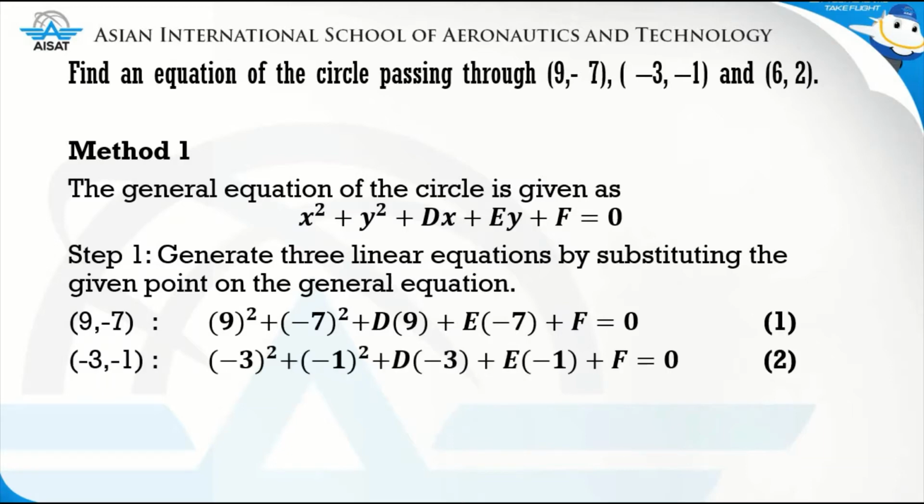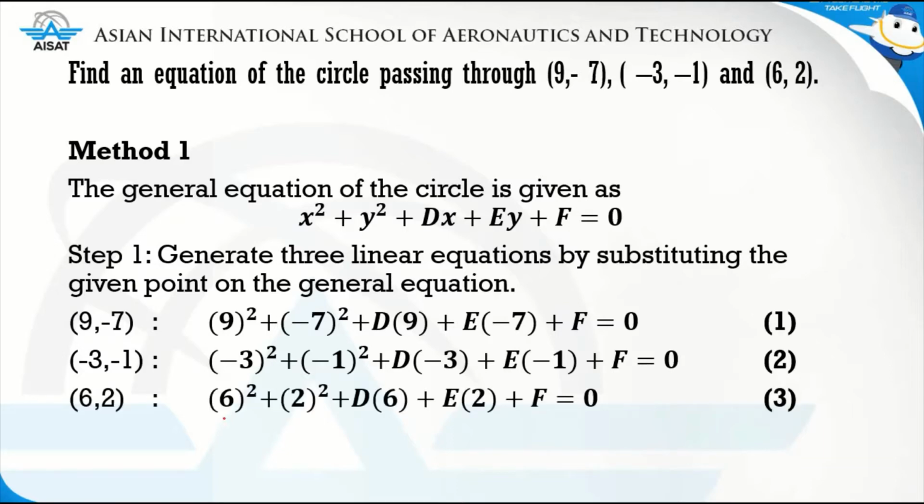For the second point, (-3, -1), our x is -3 and our y is -1. So our general equation becomes (-3) squared plus (-1) squared plus d times -3 plus e times -1 plus f is equal to 0. And for the last point, which is (6, 2), we will have 6 squared plus 2 squared plus d times 6 plus e times 2 plus f is equal to 0.